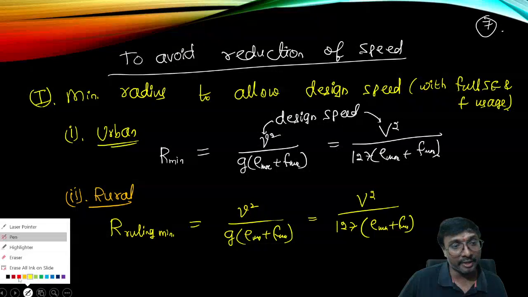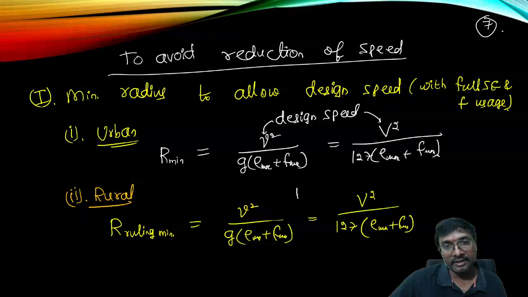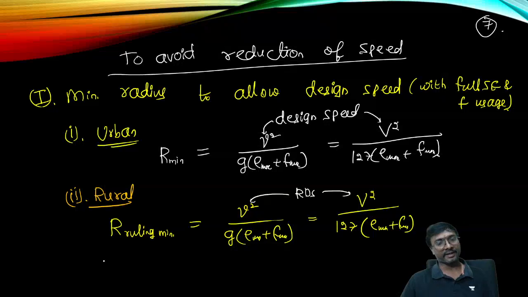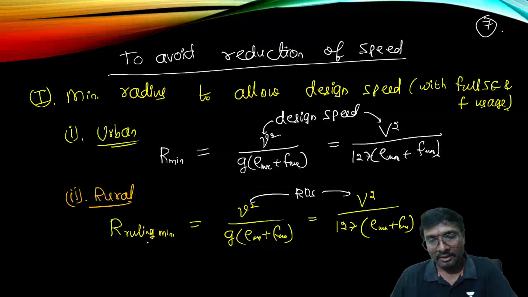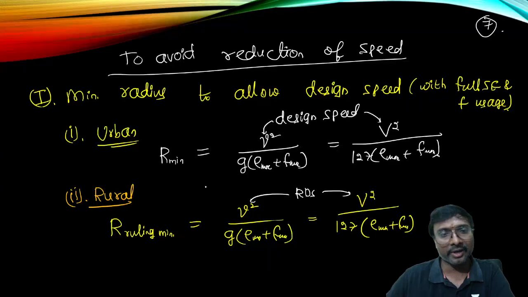What is this speed here? This is your ruling design speed. RDS means ruling design speed. So here, if you wanted to allow the minimum design speed, we have to go for the absolute minimum radius.